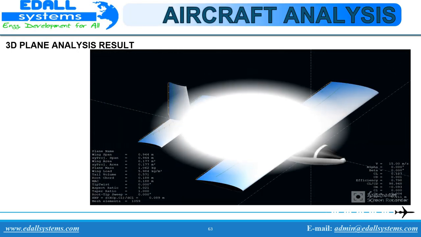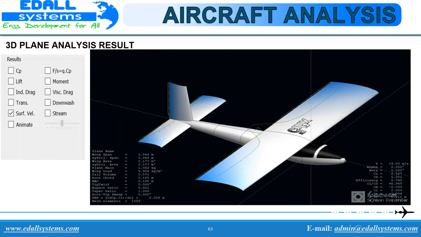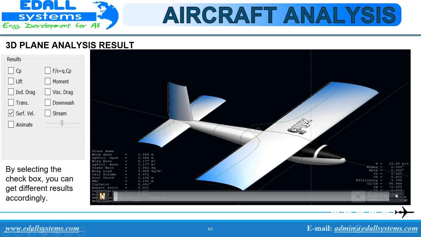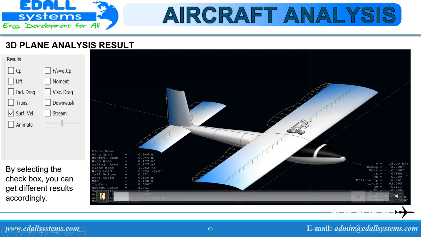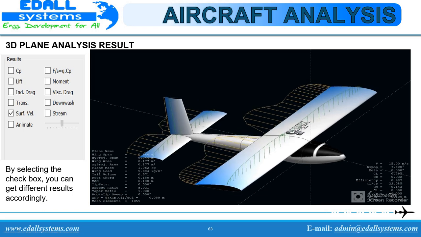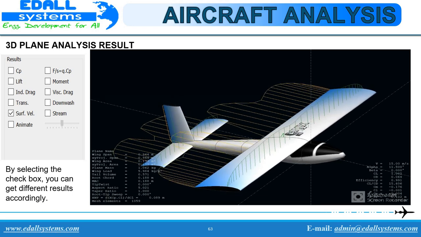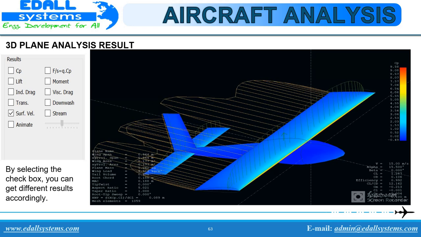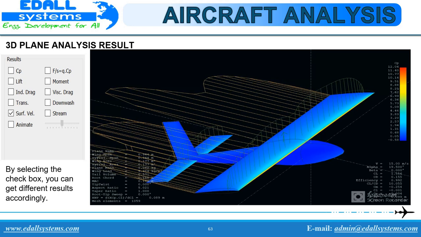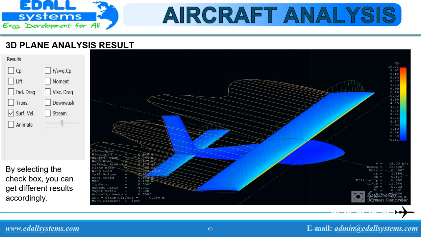Here we get the 3D analysis of aircraft result. We can also animate it to see the lift and drag, and also the coefficient of pressure that will be acting during liftoff and landing of the RC plane.